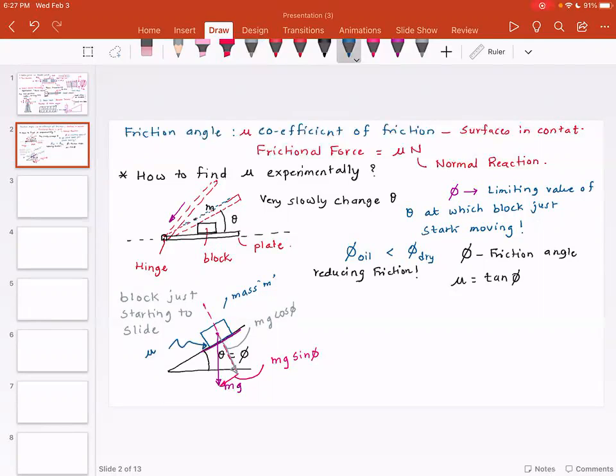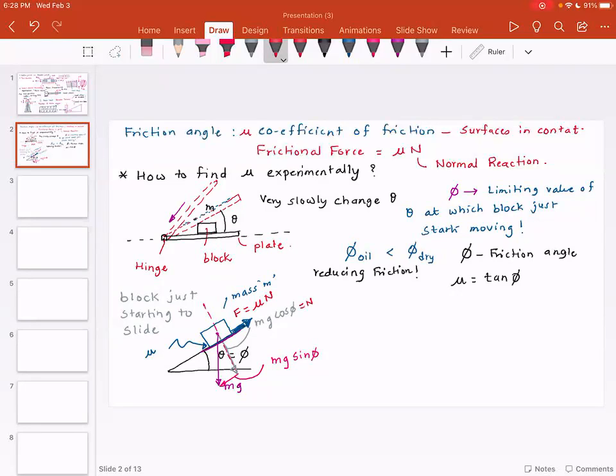And please note, coefficient of friction is dimensionless. It does not have any other dimension. So the frictional force that is going to oppose the motion, and I'm going to show this frictional force like this, F, is nothing but mu times the normal reaction.